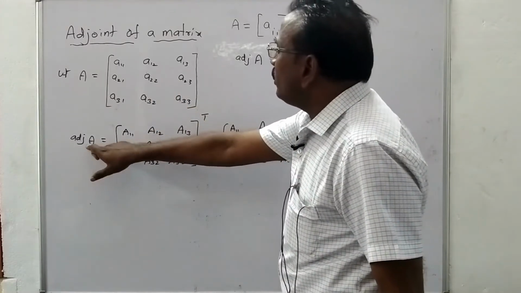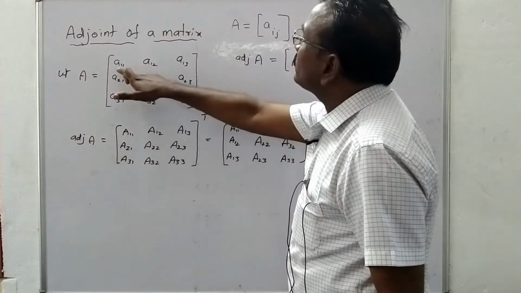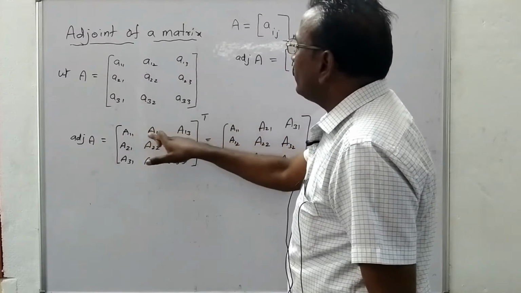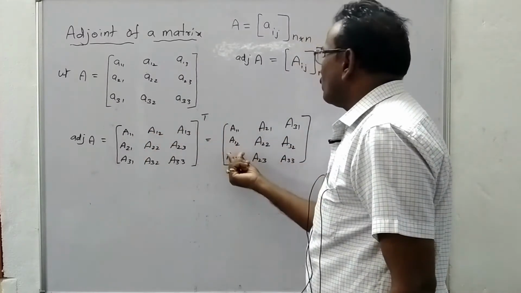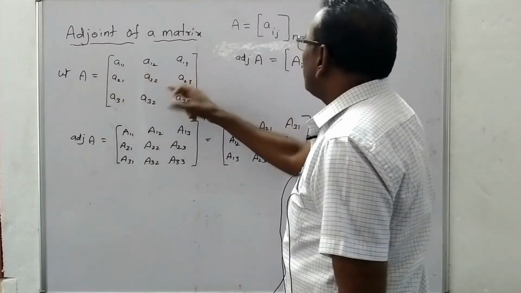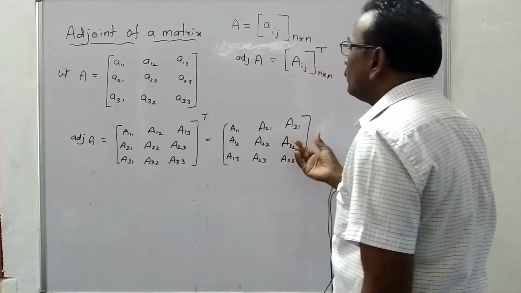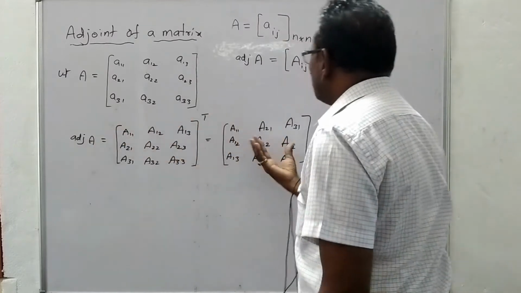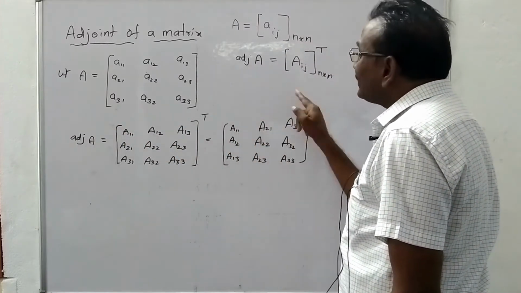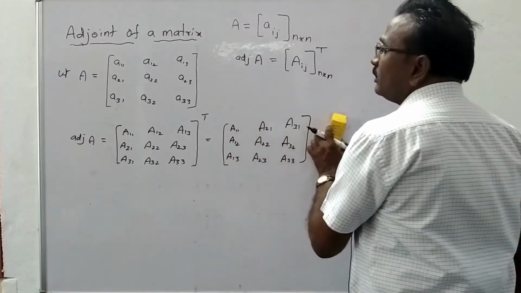The adjoint of A is: the cofactors of the first row elements, A11, A12, A13, are written directly in the first column. The cofactors of the second row elements are written in the second column. The cofactors of the third row elements are written in the third column. So we get the adjoint of A directly. This is the transpose of the cofactor matrix, and that is the adjoint of A.